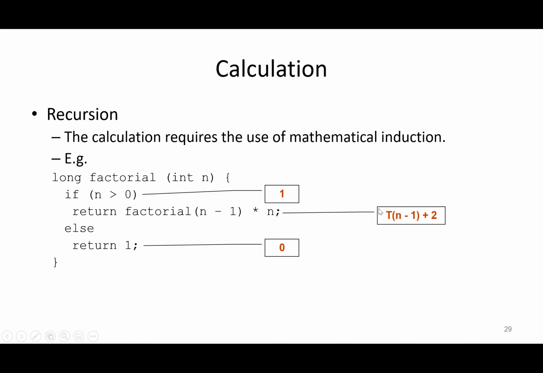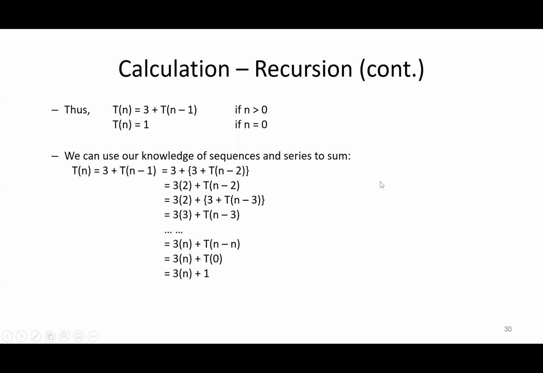So now we need to determine what is this T(n-1). Then only can I come up with my time complexity, right? And then based on the factorial formula, I know that if my n is 0, when I pass into the factorial, the time complexity is only 1. Why?